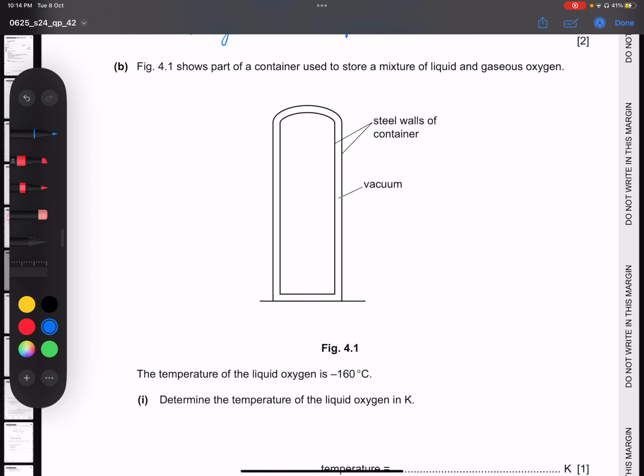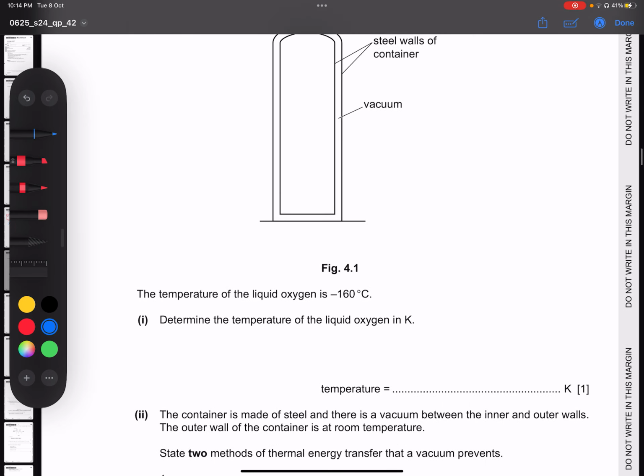Okay. Figure 4.1 shows part of a container used to store a mixture of liquid and gaseous oxygen. The temperature of the liquid oxygen is minus 160 degrees Celsius. Determine the temperature of the liquid oxygen in Kelvin. So T in Kelvin is always equal to T in degrees Celsius plus 273.